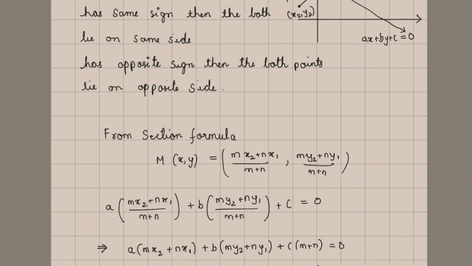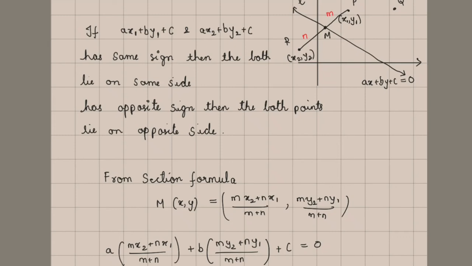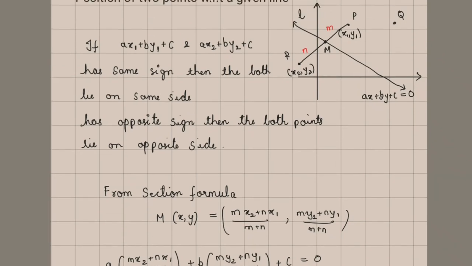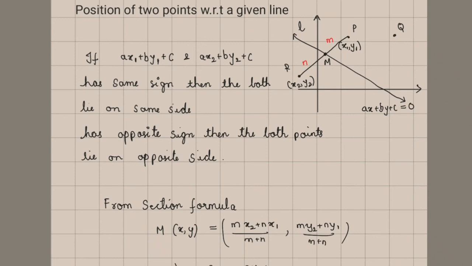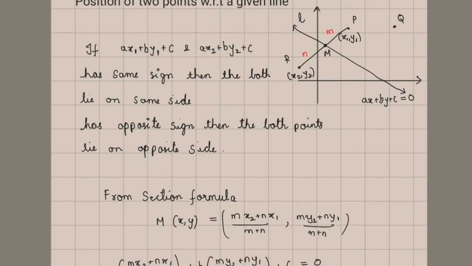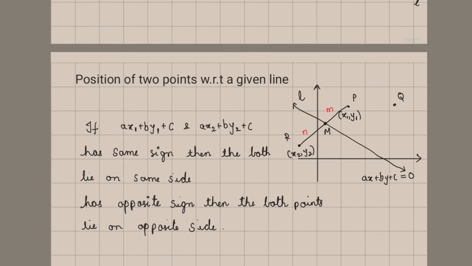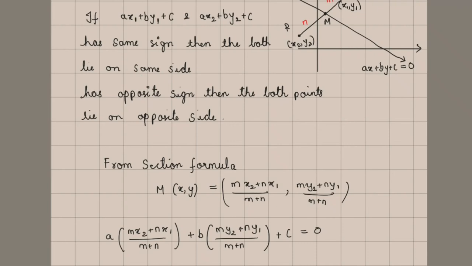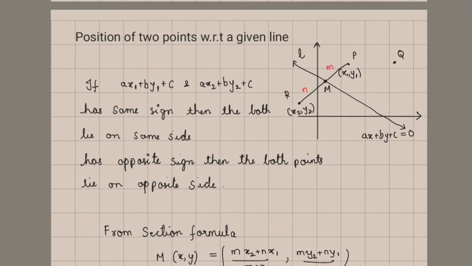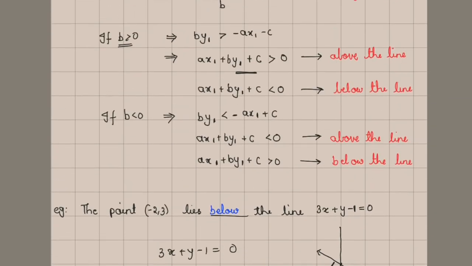From the section formula, if the ratio is negative, that means the point divides the line segment of those two points externally. Okay, you must have seen this from coordinate geometry. If m by n is positive, then it divides internally. So we got the correct result: if these two have the same sign, then they lie on the same side, from the previous thing we have seen.